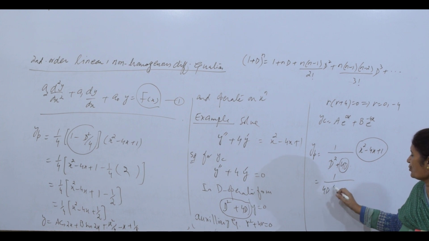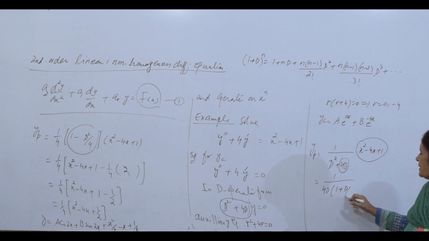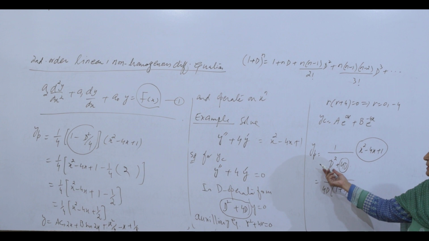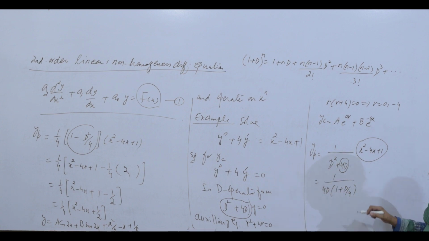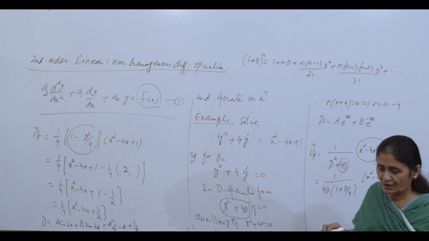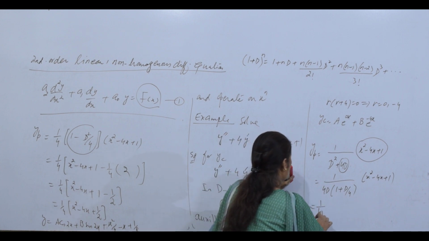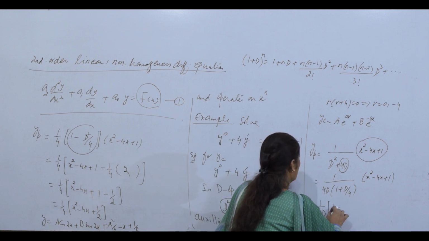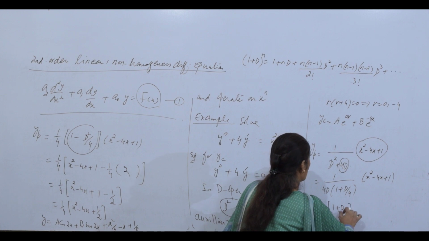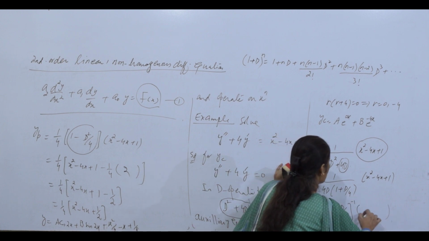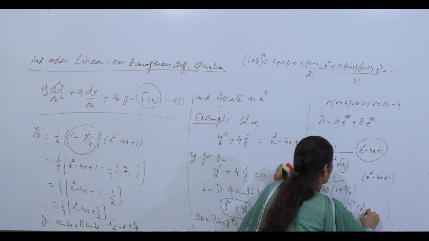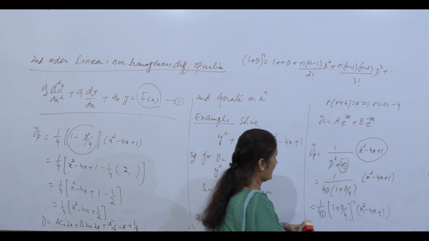4D is taken out. You are left with 1 plus D by 4, since D squared divided by 4D is D by 4, acting on x squared minus 4x plus 1. Now 1 over 4D times 1 plus D by 4 raised to the power minus 1, on x squared minus 4x plus 1.